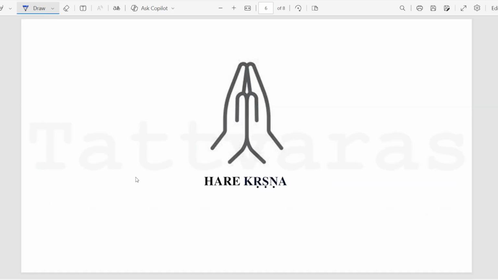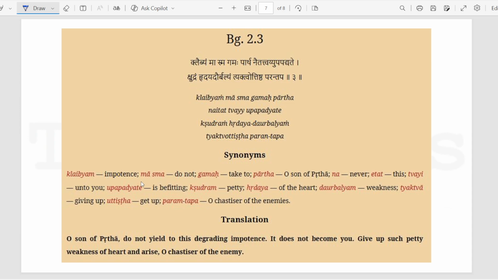That's it. Hare Krishna. And going beyond the syllabus again, till now we saw the depression of Arjun and how it can draw a parallel to the depression of students with respect to facing examinations. And just in the last verse, Krishna had started speaking for Arjun.